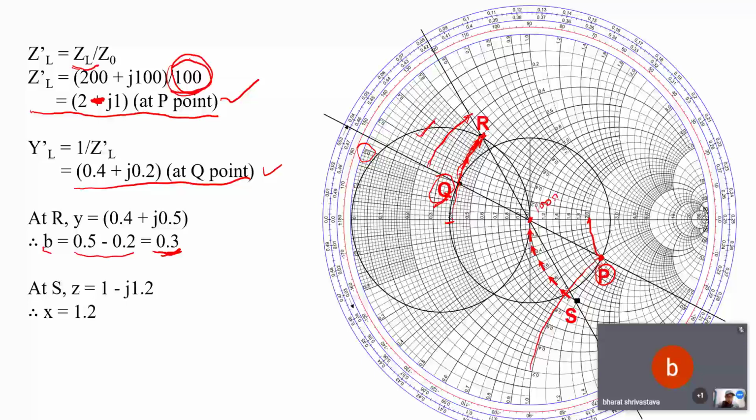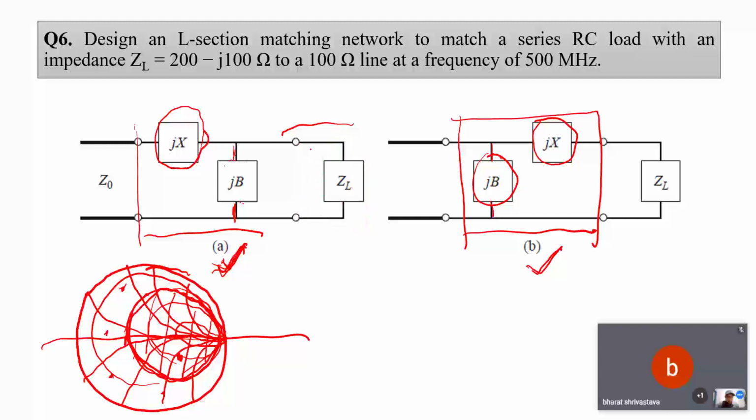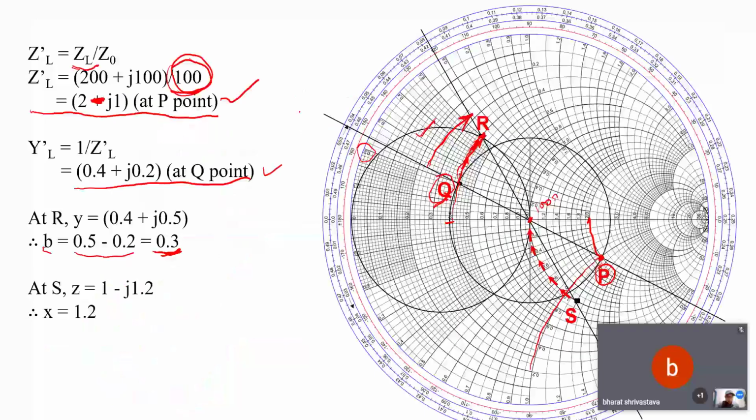Basically what we have done till now is find the value of the susceptance. Now I will convert this admittance into impedance again, because after that I can directly combine these two.